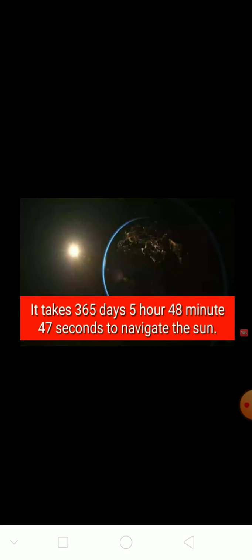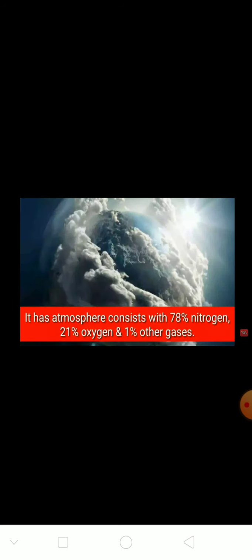It takes 365 days, 5 hours, 48 minutes, 47 seconds to revolve around the Sun. The Earth has an atmosphere. It consists of 78% nitrogen, 21% oxygen and 1% other gases.